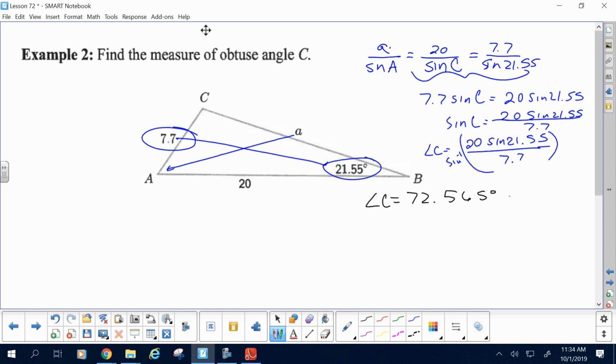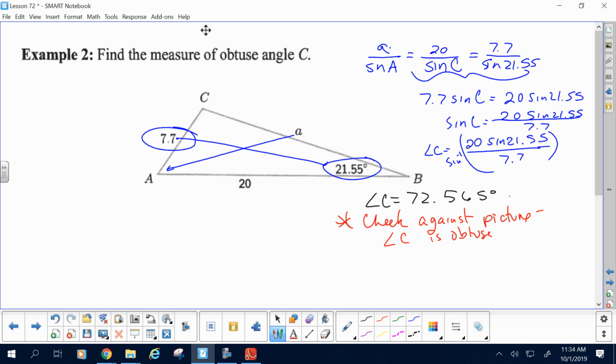Why? Yeah, all right, so write yourself a note, please: check against the picture. C should be obtuse, not acute.